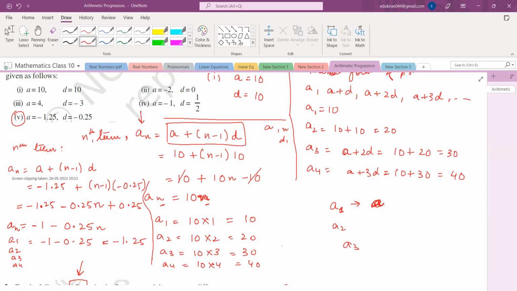First four terms. So first four terms, so you will include A also. Yes, you can check the answers also, I think. First term is included. So it is minus 1.25 is the first term, and then next three also you will write.